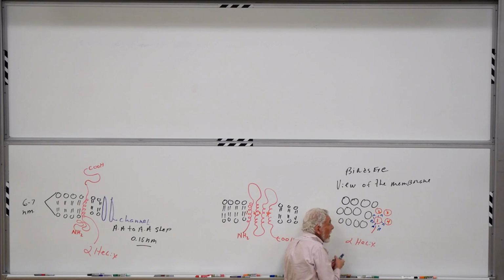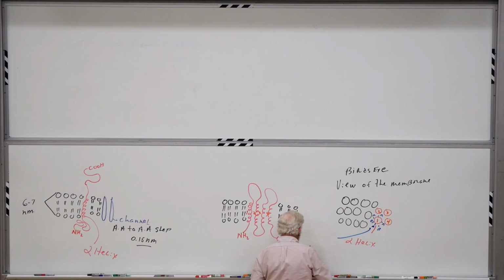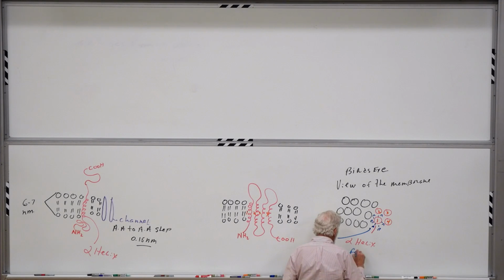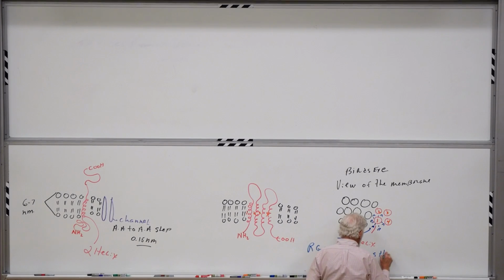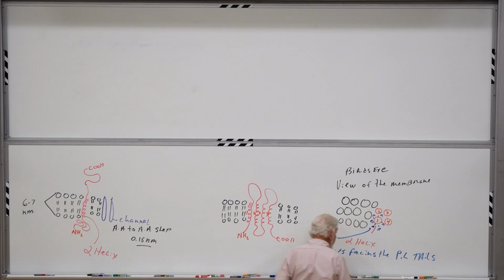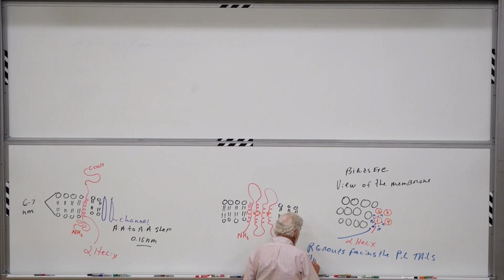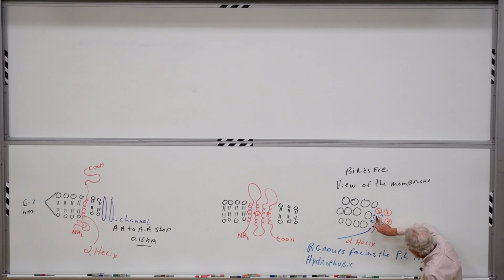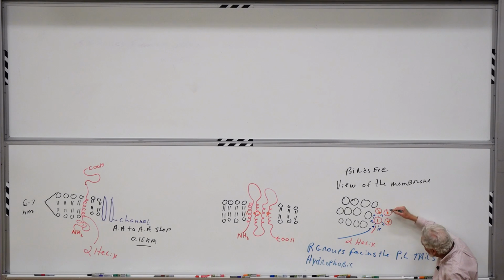Now, certainly, these R groups facing the phospholipid tails are going to be predominantly hydrophobic. But once we go round the circle, and we go round the circle on all of these, some of these R groups are pointing this way.